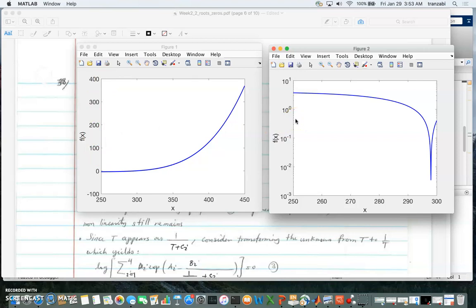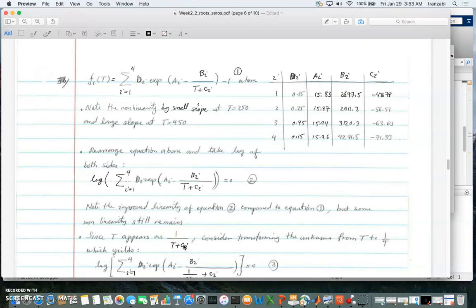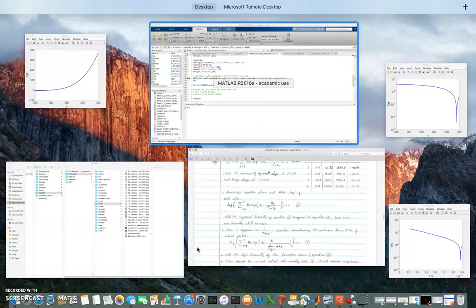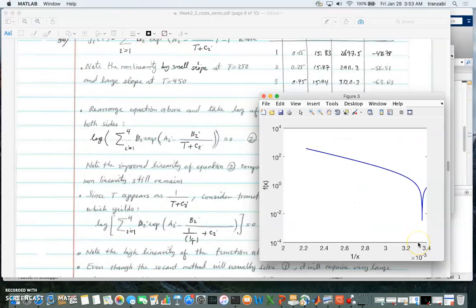We can go even further and do a better job by linearizing the x-axis as well. I know that my temperature varies from 250 to 400, but if I take the reciprocal of the temperature, which is 1 over t, then the x also varies in a small range.